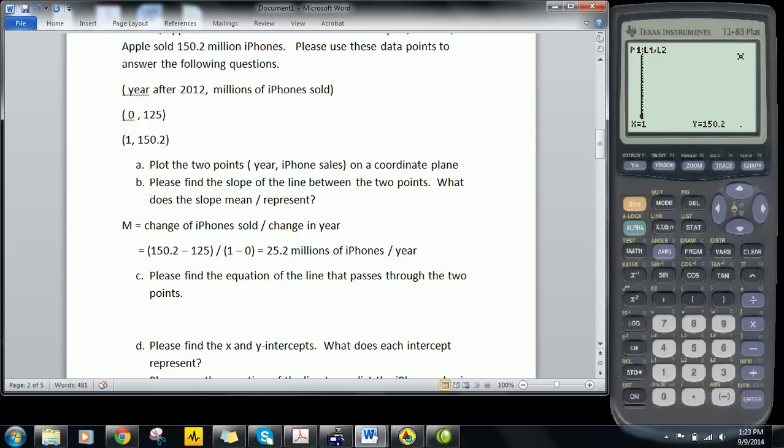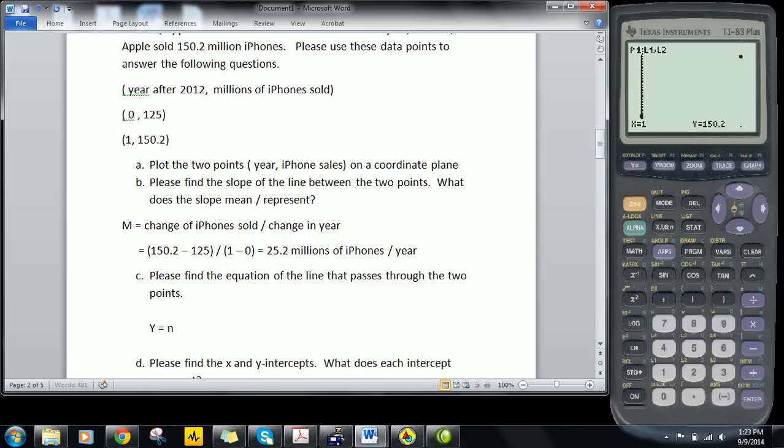One option is to use slope-intercept form, which looks like this, right? And recall this is a linear function with slope m and y-intercept b, okay? The nice thing is I already have the slope of the line that travels through these 2 points. I already found it to be 25.2.